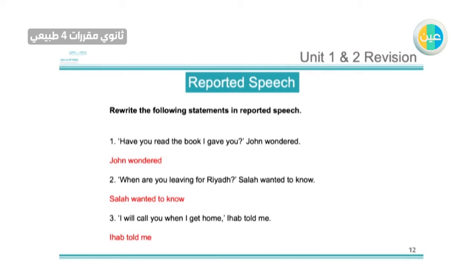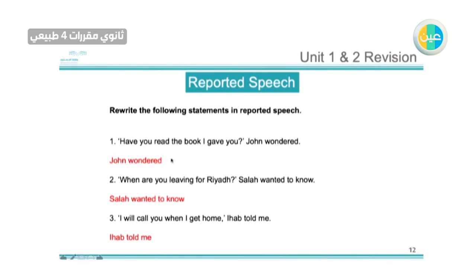Number 1, "Have you read the book I gave you?" John wondered. So this is a yes and no question. When we report it, we use either "if" or "whether".